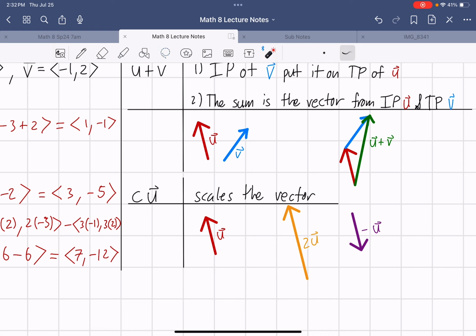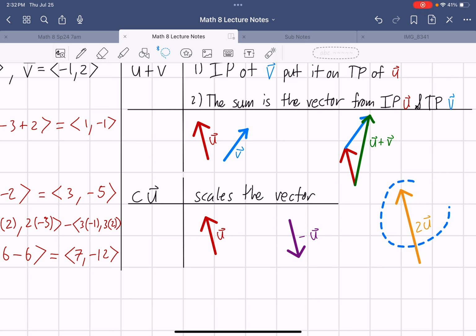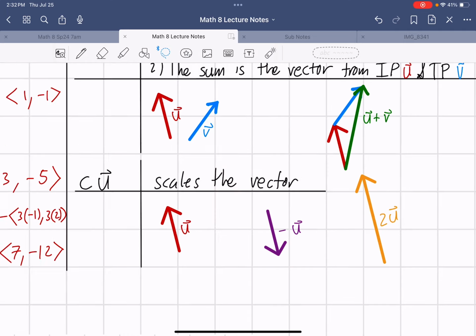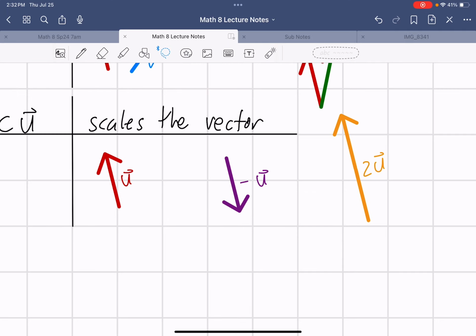You can either scale it larger. Let me move this one here. I'll put this one there. So you can double the length. You can even shrink the vector, right? I can multiply the vector by half. That means I'll take half of that length. The negative just changes the direction.